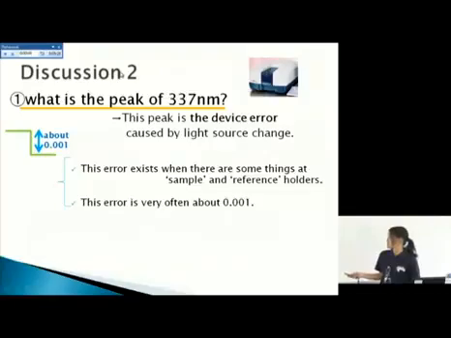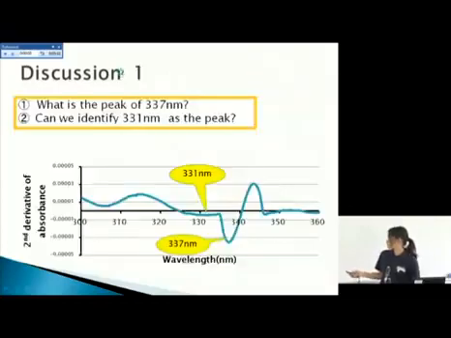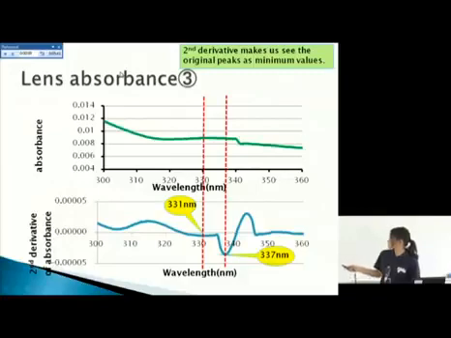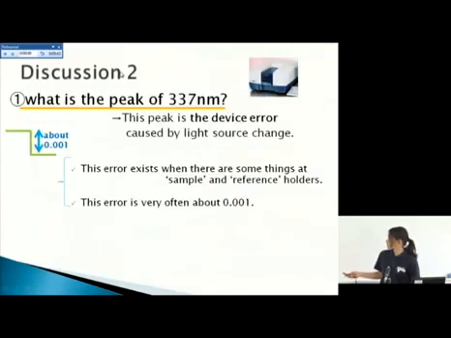This is maybe a device error caused by the light source change. I set the light source change at 340, and this part is also 340, so maybe it's a device error.